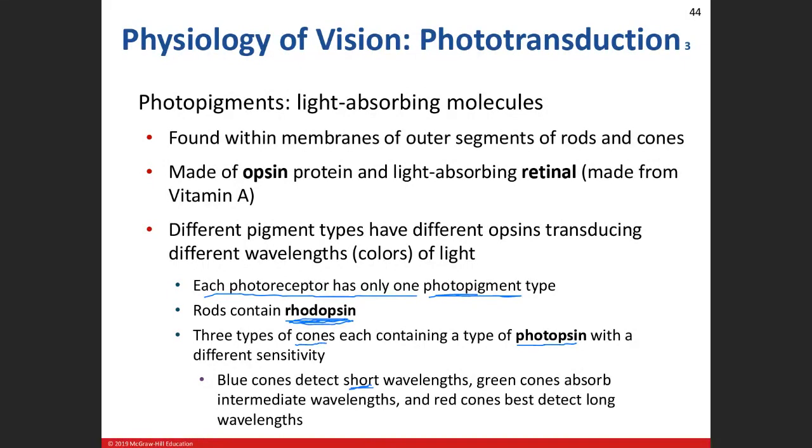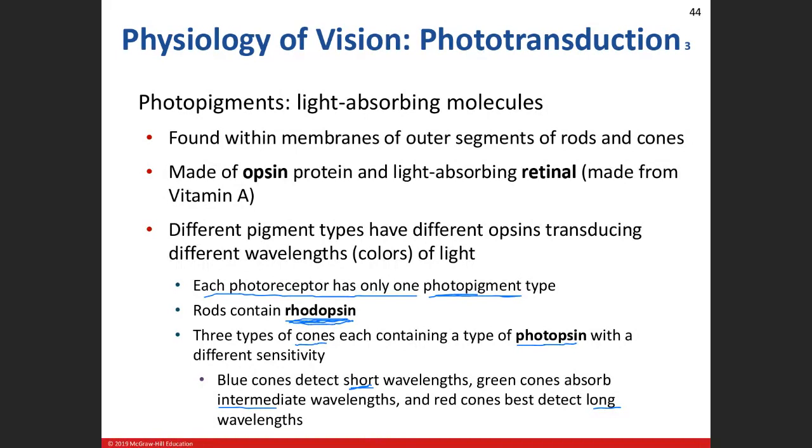The blue cones will only be affected by a 420 nanometer wavelength, for the blue spectrum. If you want to keep it simple, blue is short wavelengths, green are going to be medium or intermediate, and then reds are going to be the long wavelengths. But just keep that in mind.